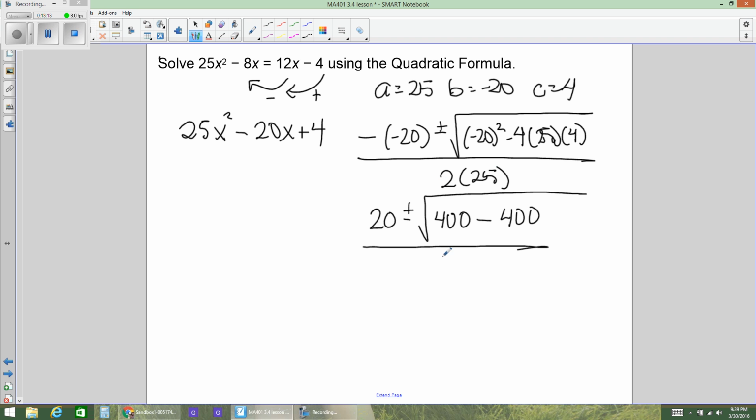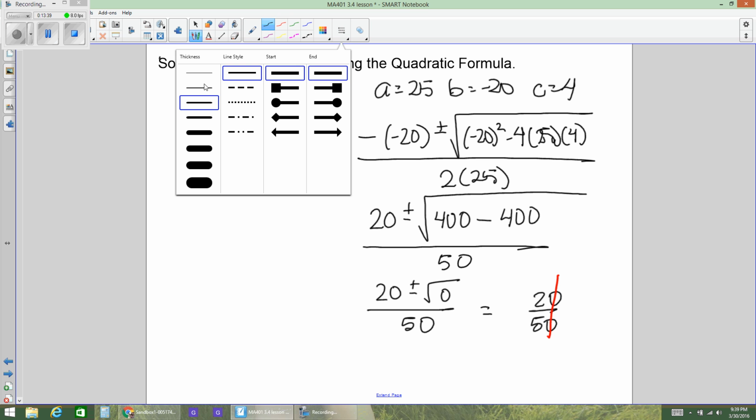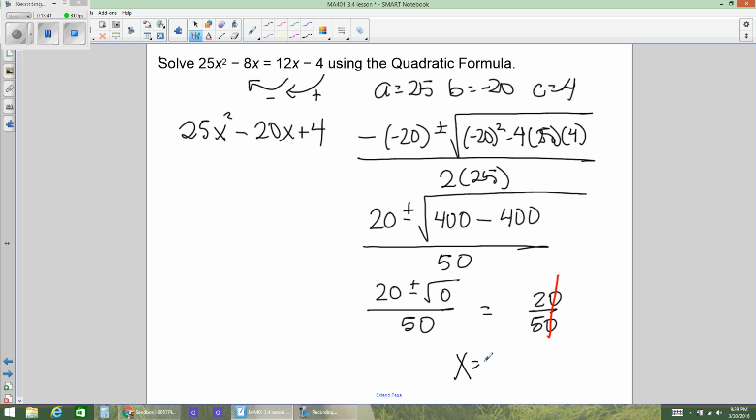And then 2 times 25 is 50. Now, this is special, and you'll see how special it actually is in just a minute when we move on in the lesson. But for now, you've got the square root of 0, and the square root of 0, you know, is 0. So you're down to 20 over 50, and 20 over 50 reduces to 2/5.